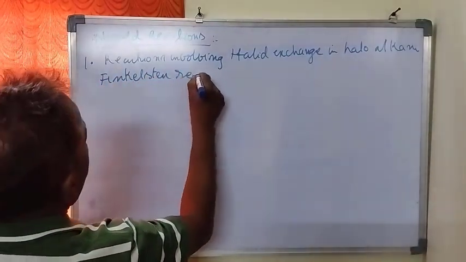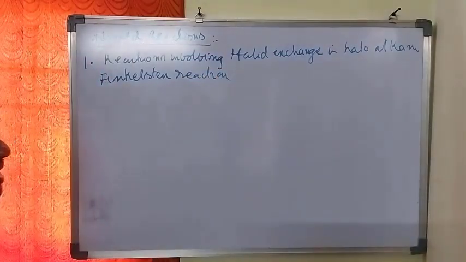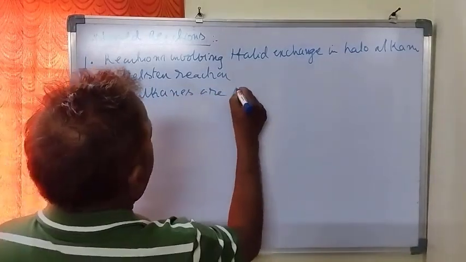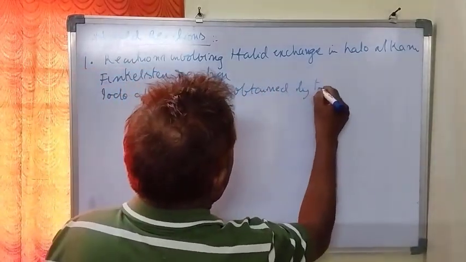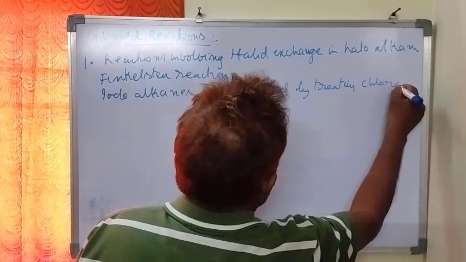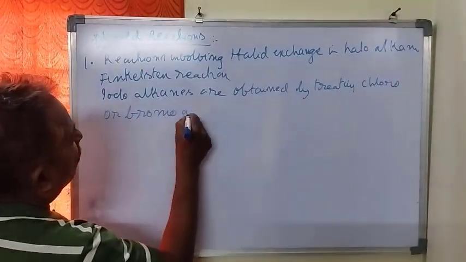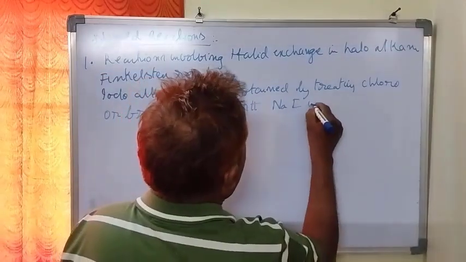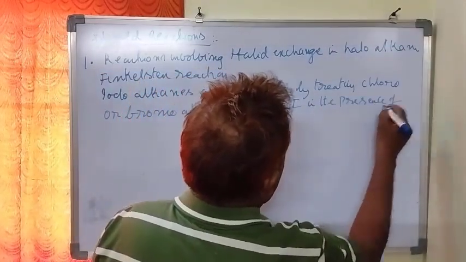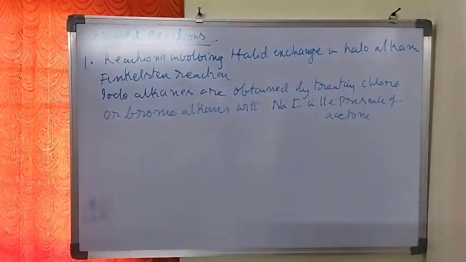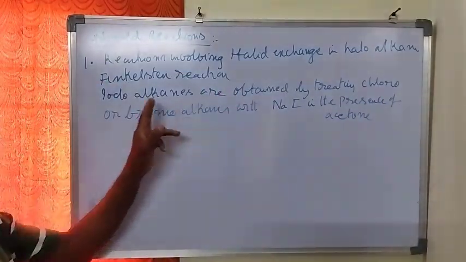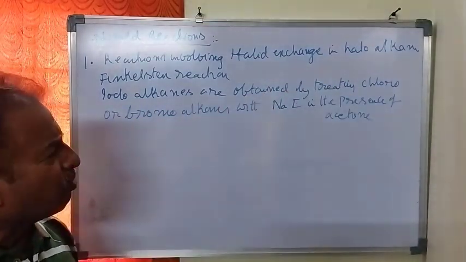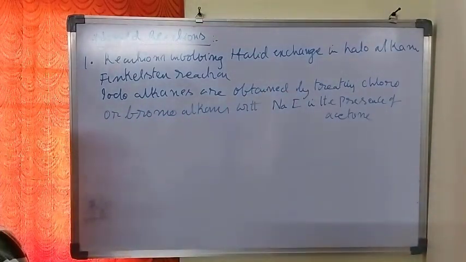In the Finkelstein reaction, iodoalkanes are obtained by treating chloro or bromoalkanes with sodium iodide in the presence of acetone.